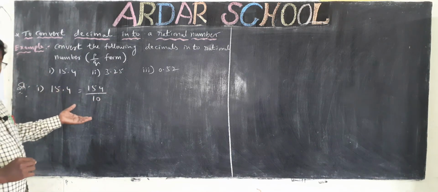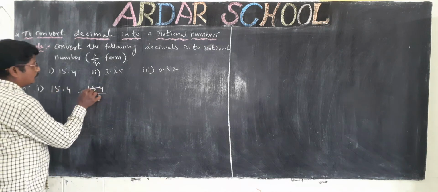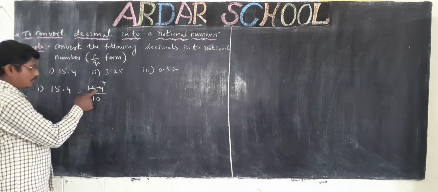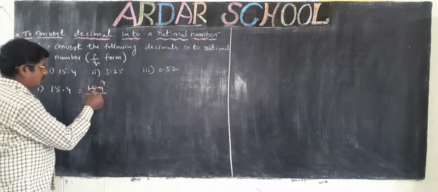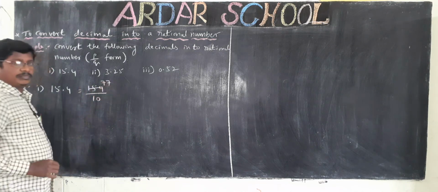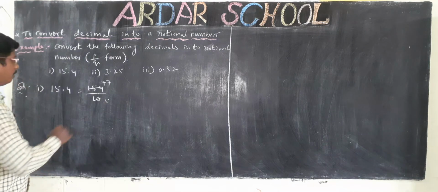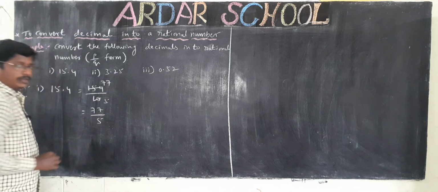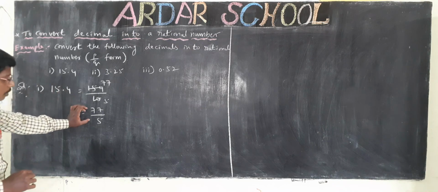Now cancel the numerator and denominator by 2. 2 sevens are 14, and 2 sevens are 14 again, and here 2 fives. So that is equal to 77 by 5. So the terminating decimal 15.4 is converted into P by Q form.